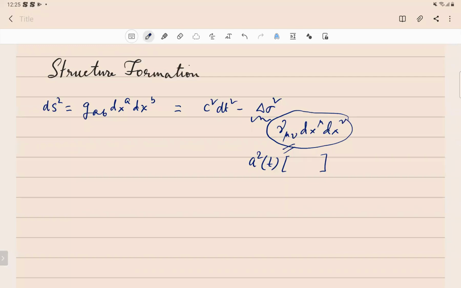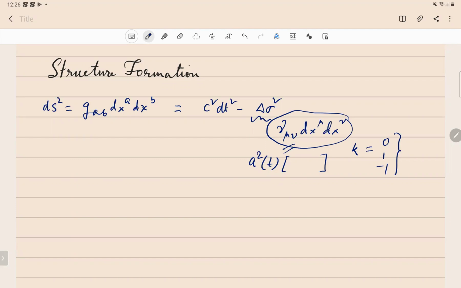Now the curvature of this space, which is k, can take up values, as you know, 0, 1, and -1, depending on what kind of geometry we have. But you can clearly see that this metric is completely specified if you know this function a(t) and the value of k, all right?